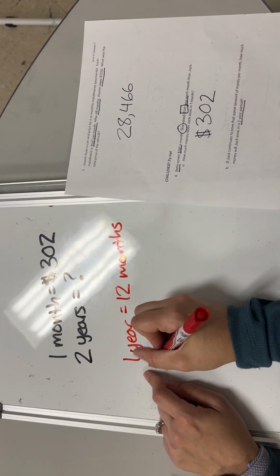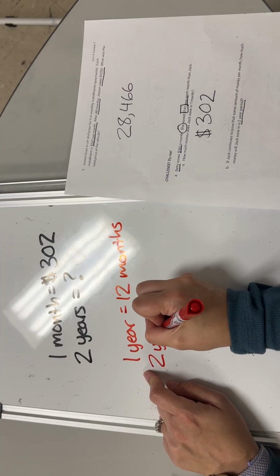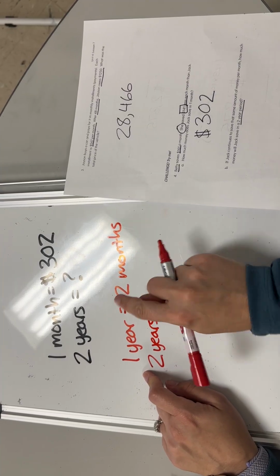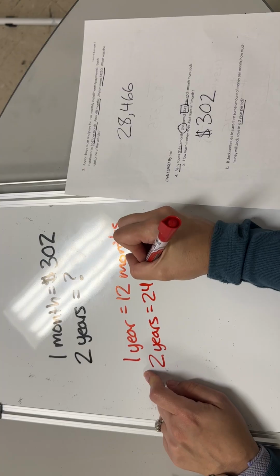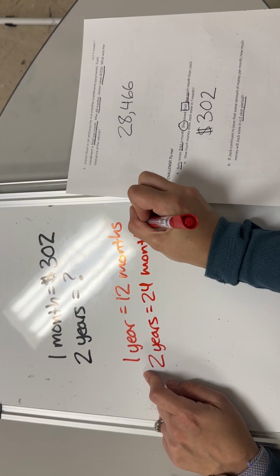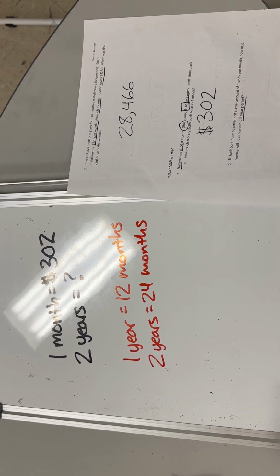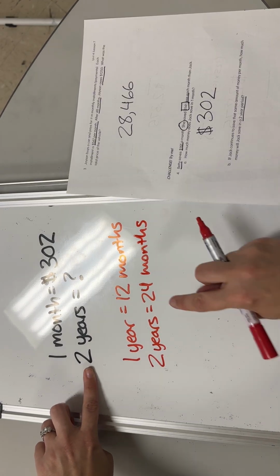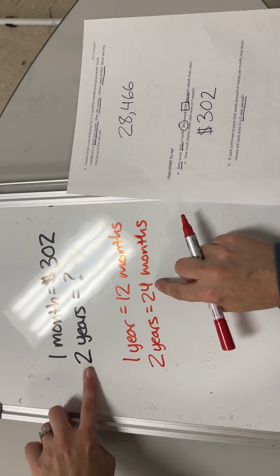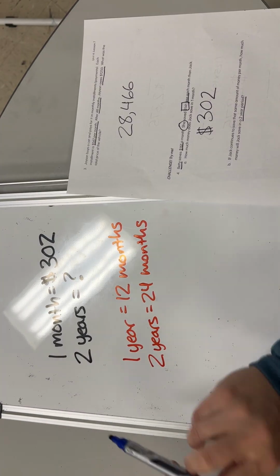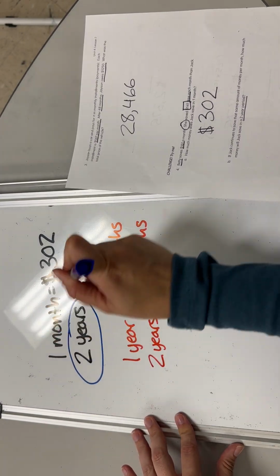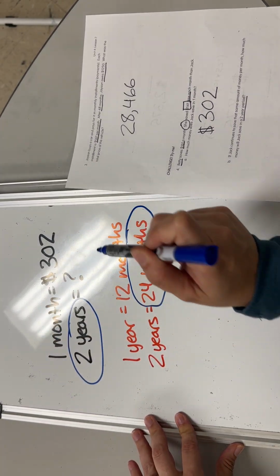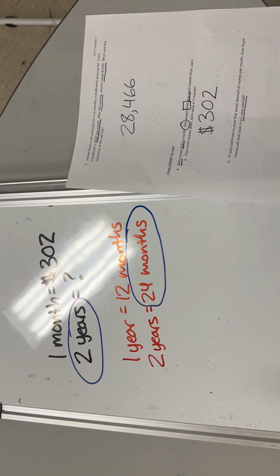If that's the case, then 2 years would be double that, so 24 months. So to find 2 years, I'm really finding 24 months. These two numbers, 2 years and 24 months, are equivalent or equal.